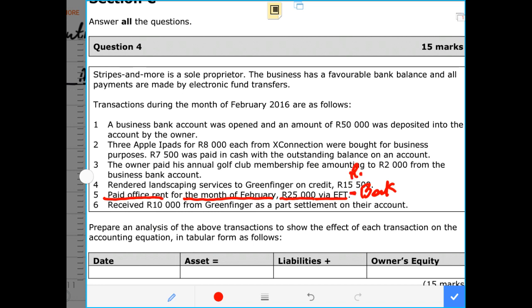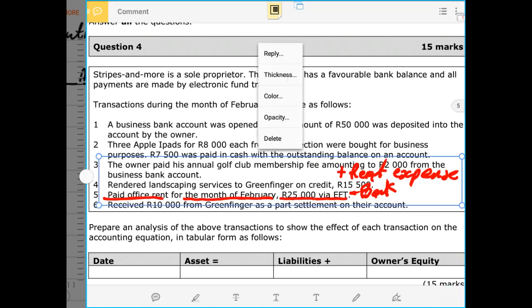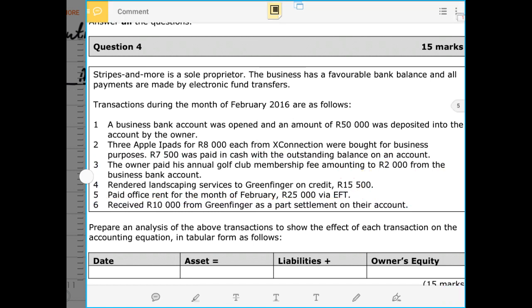Then we also have to take into account that rent expense will be increasing, but don't forget that the effect of rent expense is negative. That means rent is reducing the owner's equity.